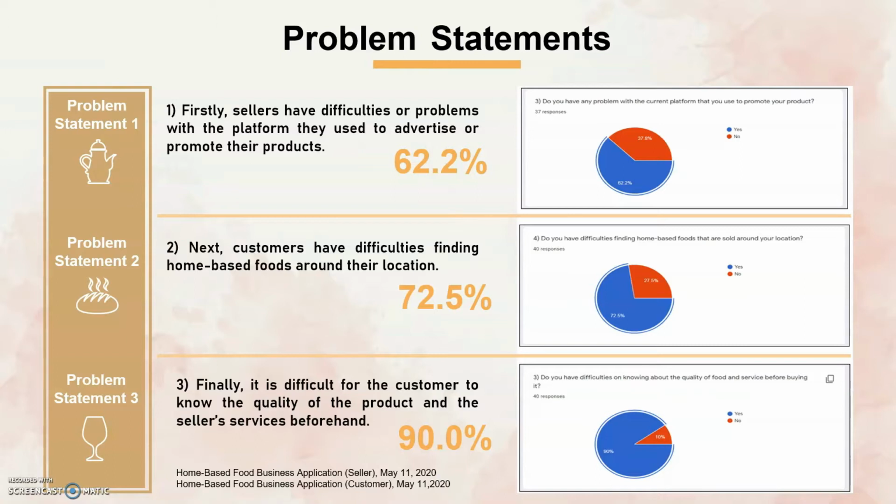Social media does not have a proper review or feedback function as other e-commerce sites have. So it is quite difficult for customers to know the feedback on the product from other customers. Thus, the customer does not know whether the quality or the service is good or bad.